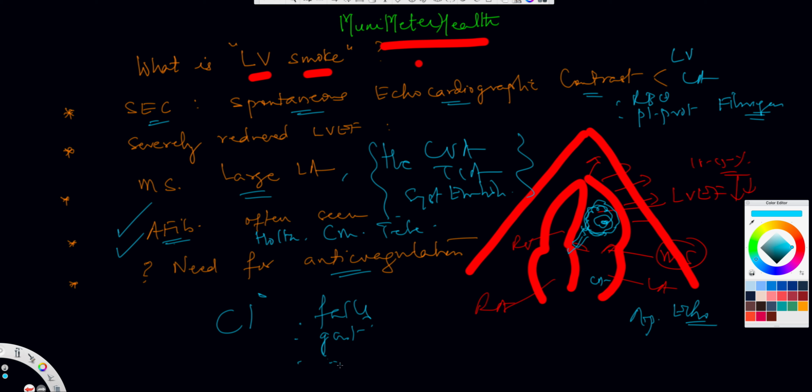Or a previous history of bleeds anywhere, whether it's a GI bleed, a neurological bleed, or GU, gastrointestinal, genitourinary, and/or neurological. If it is a CNS bleed, any place where somebody has had a significant bleed, that becomes a contraindication for anticoagulation.